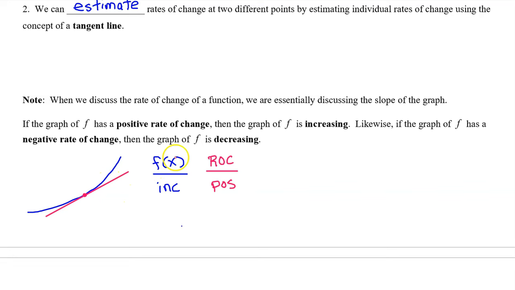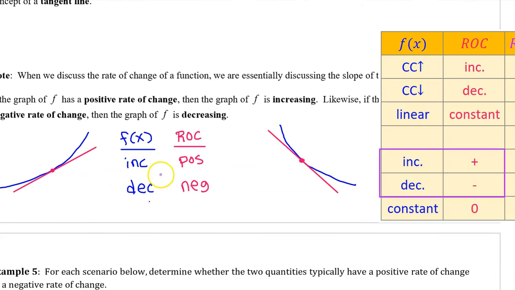Again, if f of x is increasing, the rate of change is positive because the slope is positive. Similarly, for a decreasing function like this one, the rate of change will be negative, because the slope of the tangent line at any point will be negative. I've given you this information before in chart form, but hopefully you have a better understanding of why this part of the chart is true.